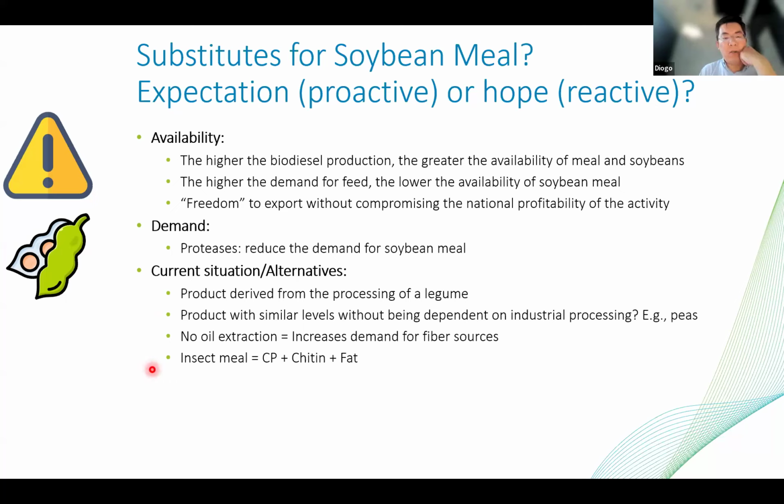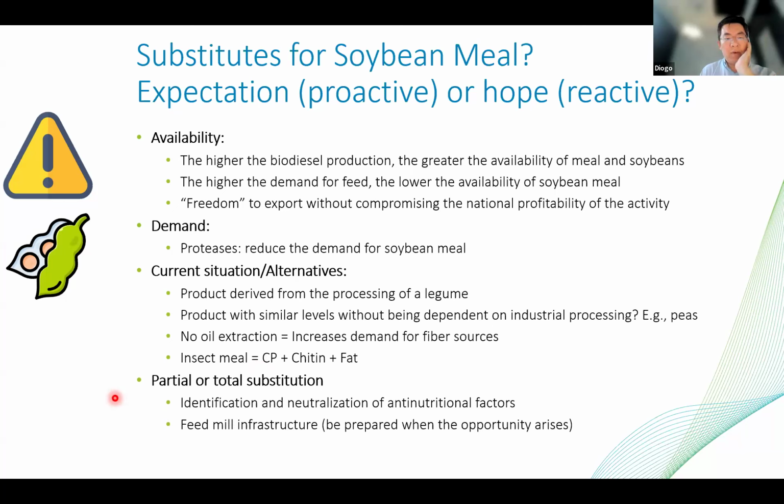When we think about insect meal, it is very rich in crude protein, chitin, but also fat. This is one reason that again we need to think about which other ingredient we need to add to the feed to better balance all the other nutrients.